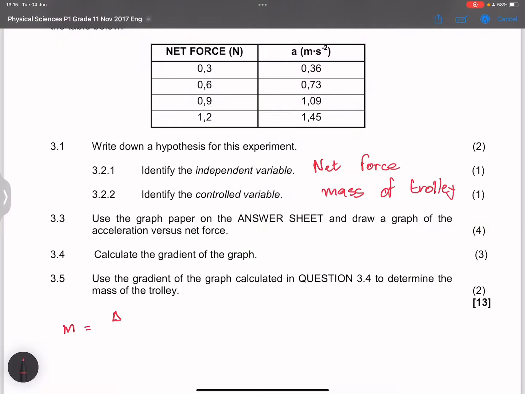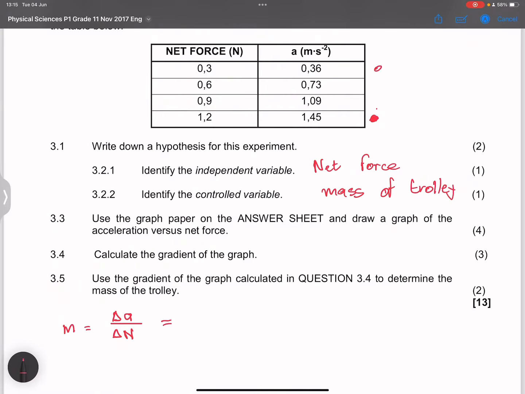So change in y, so change in a, divided by change in x, right? But our x in this case is F. Notice I can take any two values. So let's take this one and the very first one.